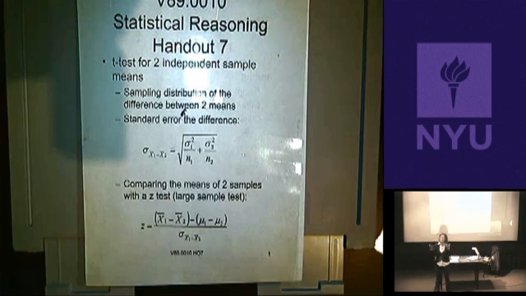Because again, I have these two groups, and I have to consolidate it into some kind of number. When I had one group, I had a mean. Now that I have two groups, I have the difference between the means. I keep trying to consolidate into a number that's representative of the data. So I have this standard error of the difference between the two means.